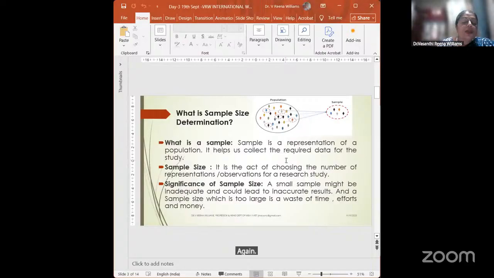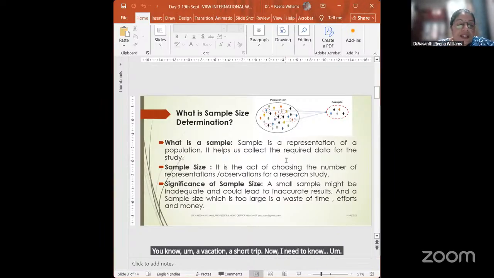Again, I'm asking you another question for you to recollect. Supposing there are 50 students in a class and we plan a vacation, a short trip. There are 2 places which we plan to go from the institution.